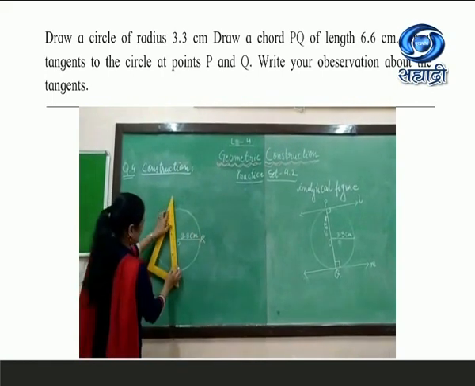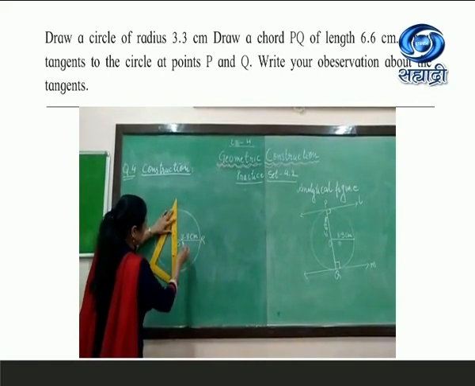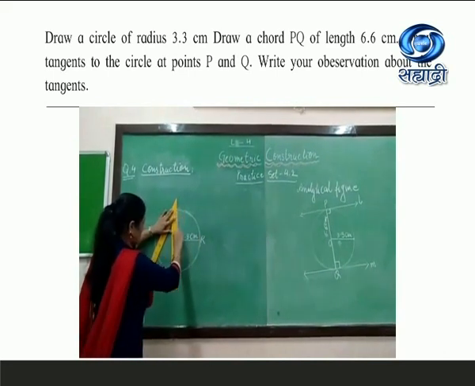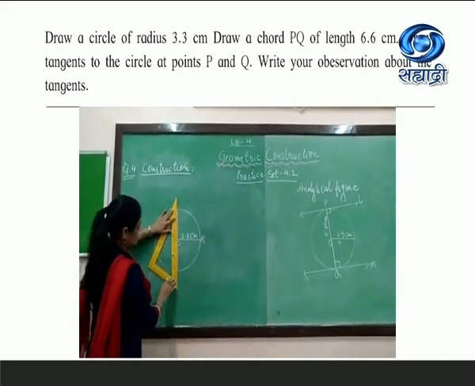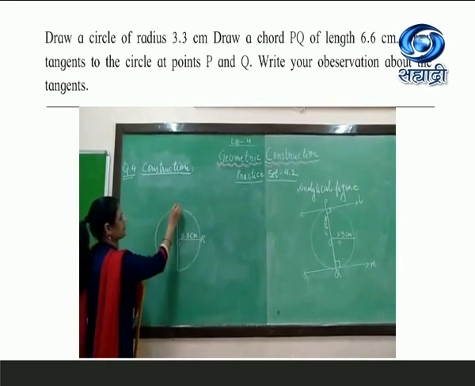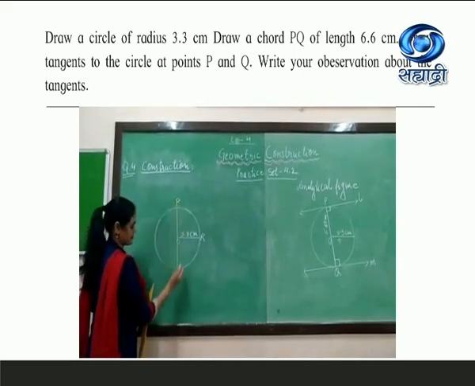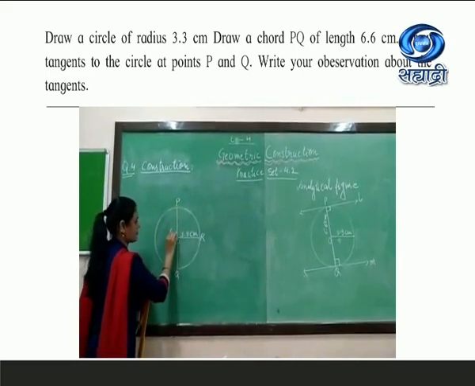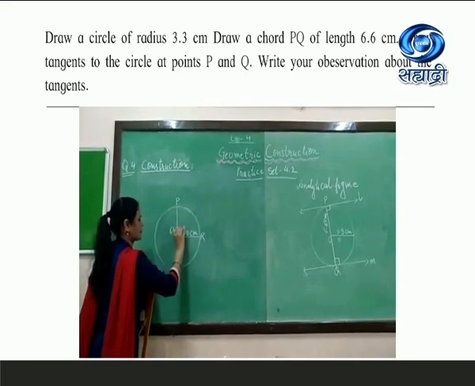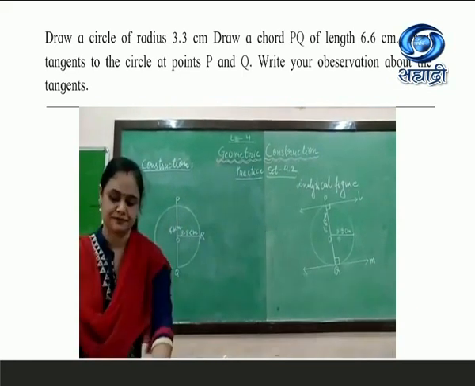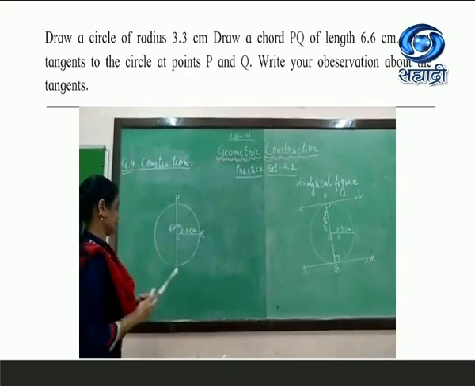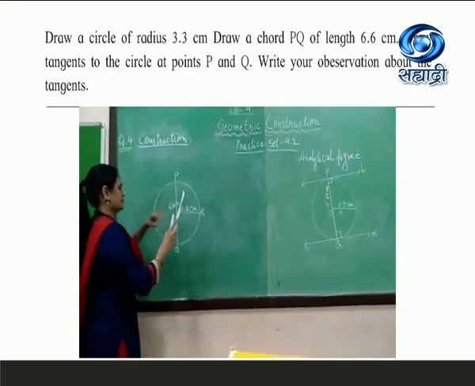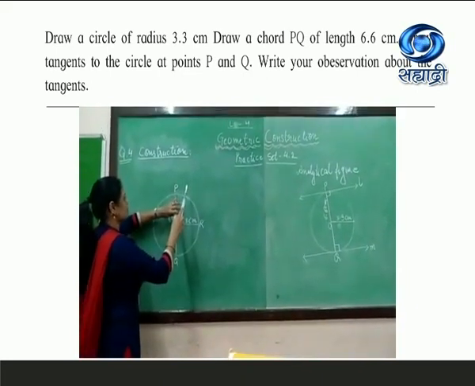We are supposed to draw a chord PQ of length 6.6. I think you are aware that 3.3 into 2 is 6.6. So PQ is the diameter. She has drawn it this way just for the sake of your understanding. Here, there are two methods.